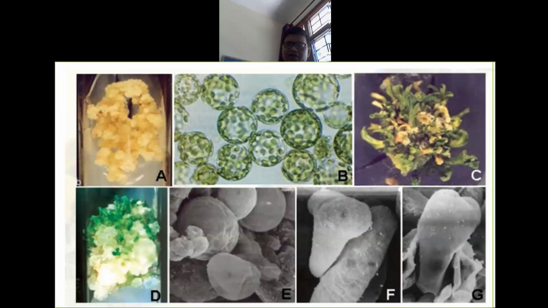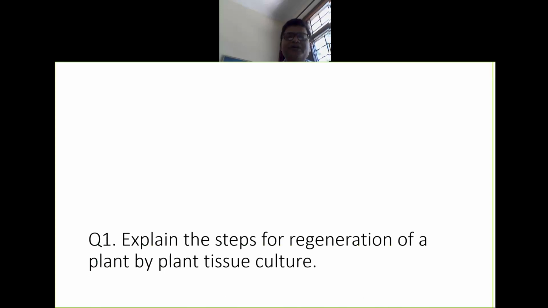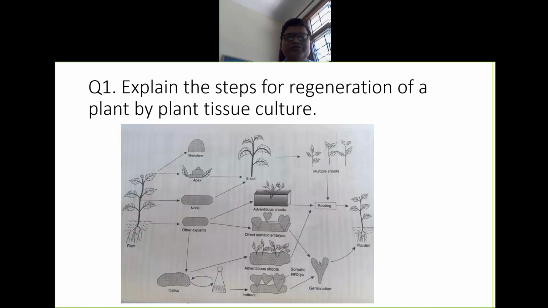What are the different methods? One is somatic embryogenesis, second is organogenesis. So try to know, these are the apical portions that are meristematic in nature, that have the capability to divide. So generally we choose the portion of the plant that has the ability to divide and multiply, known as apical meristem.